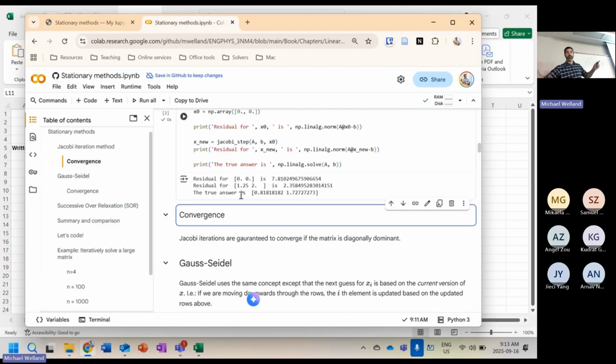Gauss-Seidel, so important. The way Jacobi works is that you take your entire previous vector and make this one consistent with these two, then this one consistent with these two, then this one consistent with these two, and then you update the entire vector. You don't modify it in place.